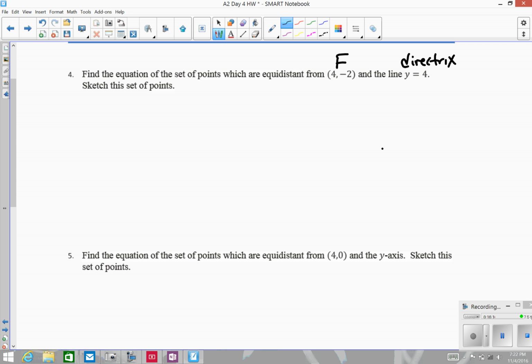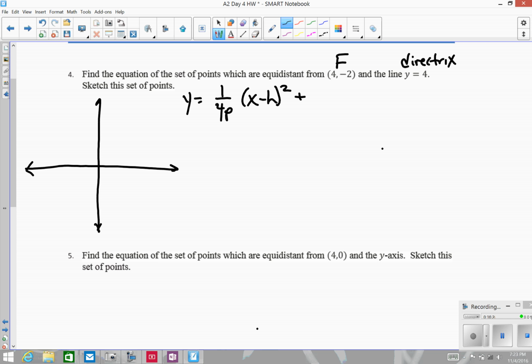Problem doesn't say that this has to be in any particular form, so I'm going to just choose what's easiest for me. That's vertex form. As long as I know y will equal 1 over 4p, x minus h quantity squared, plus k. Okay, let's plot these points and directrix.